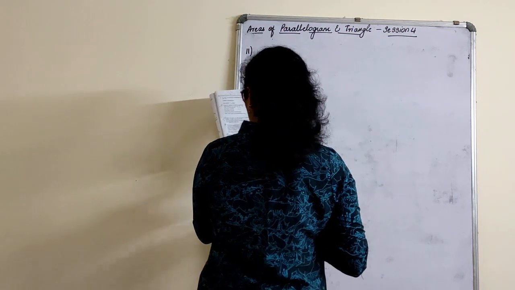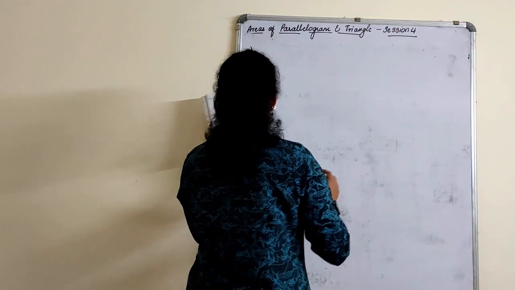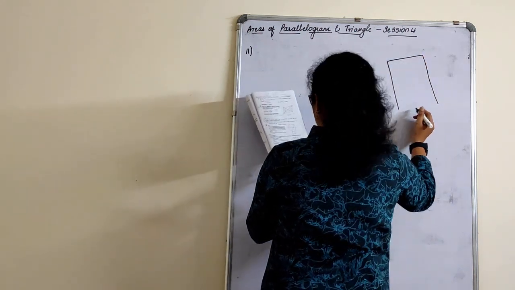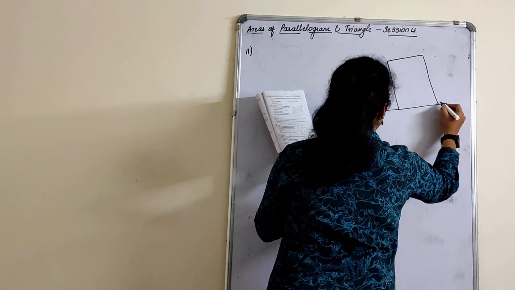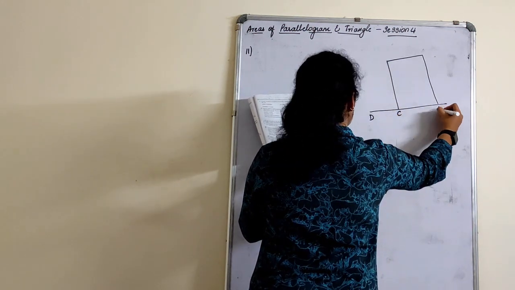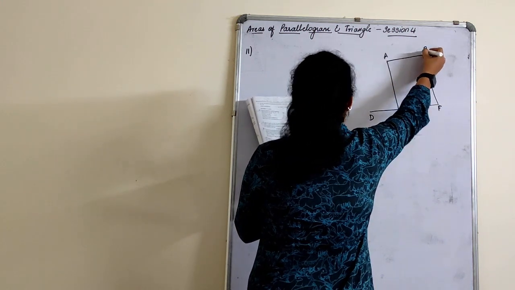A line through B parallel to AC meets DC produced at F. Show that. So let us first draw accordingly what they have given. So this is D, C, F. This is A and B.